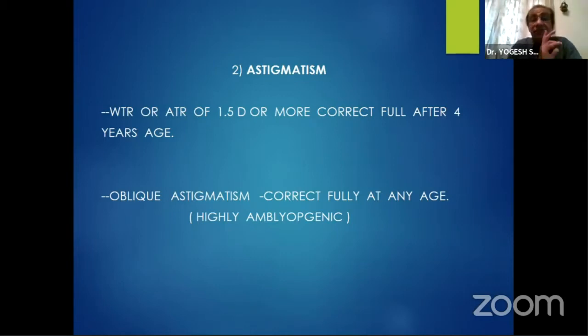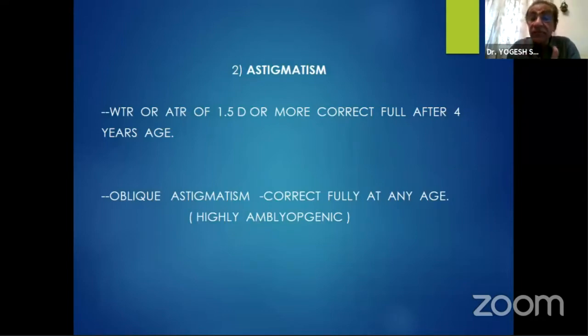Now, astigmatism. With the rule astigmatism or against the rule astigmatism of 1.5 diopters or more should be corrected after 4 years. It means by 4 years this should disappear. All astigmatism of any type should disappear by 4 years of life. If this does not disappear, then you have to fully correct it.